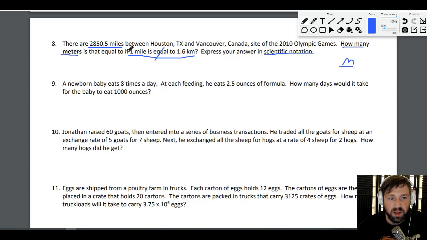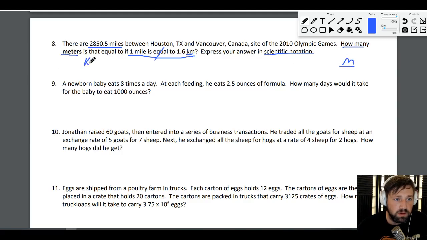So again, you kind of put 1 mile over 1.6 kilometers or 1.6 kilometers over 1 mile, whatever we need when we need it. So we're looking for meters. And look around at what we have. Well, we don't have meters, but we do have kilometers. So let's put this guy on top to match the meters here.